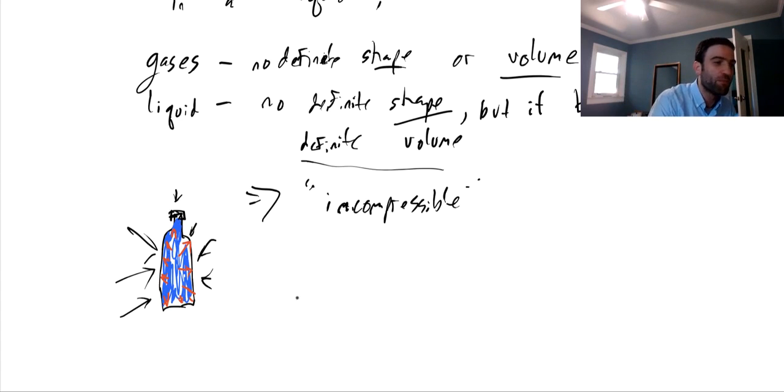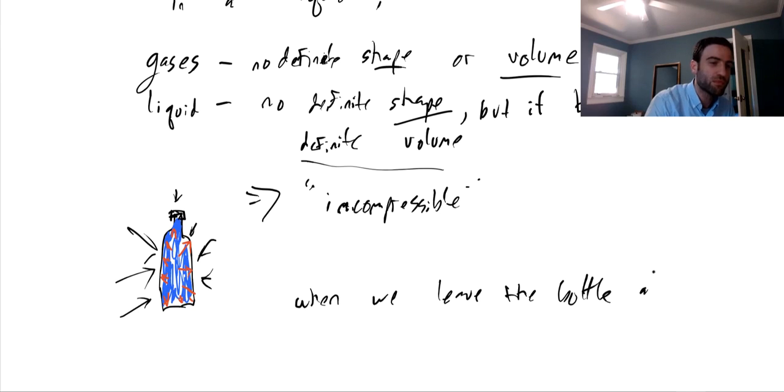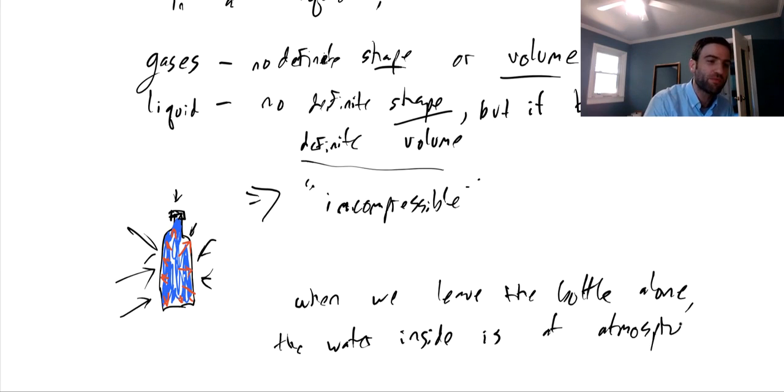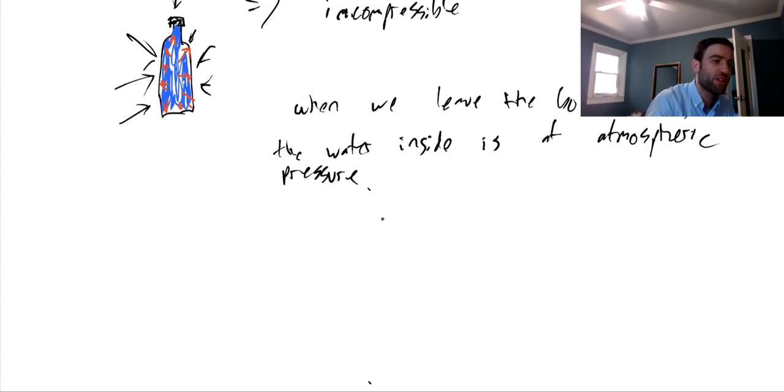So when we leave the bottle alone, the water inside is at atmospheric pressure. Which remember is 10 to the 5 pascals at sea level, give or take.